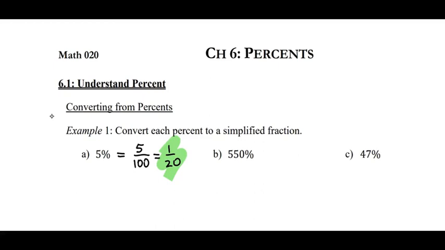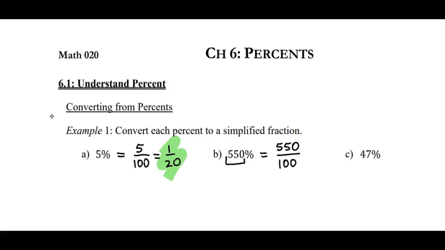Now, when you have more than 100%, that means as a number or as a fraction, you will have an improper fraction and you will probably have a mixed number. Again, the same rule: you take the numerical part before the percent sign, put it in the numerator, and put it over 100. So you have 100 in your denominator.